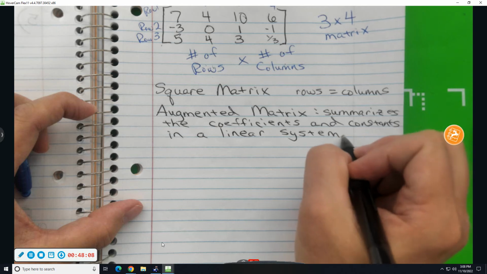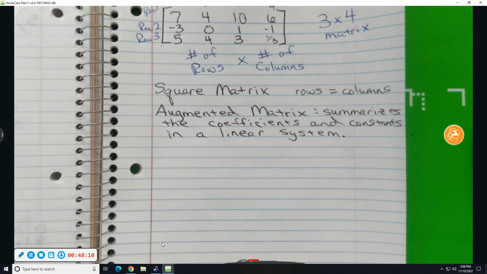There's a collection of equations, a linear system of equations, those equations that we were solving by elimination and substitution earlier in the class. It's just going to summarize the coefficients and constants. Writing augmented matrices will be one of the easiest things we've done in this class this semester.